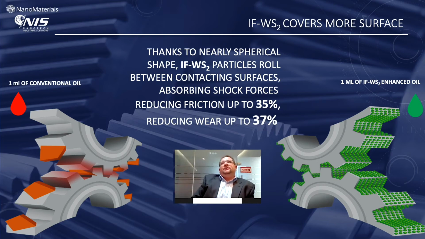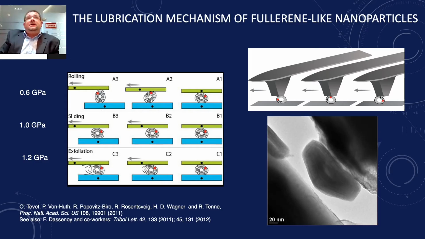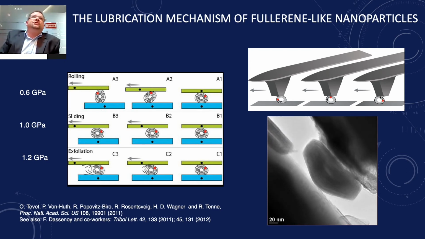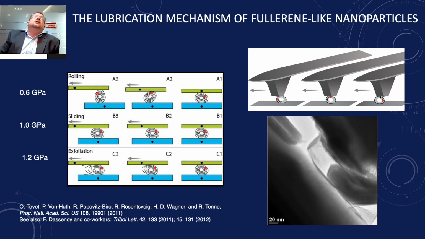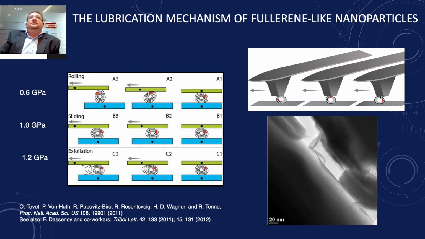The hollow core that we discussed on the previous slide is of vital importance here because it helps particles absorb shock. The study of the behavior of individual particles under different pressures gave us some light on the mechanism of lubrication. Up to moderate pressures of, let's say, half a gigapascal, the rolling mechanism is prevailing.